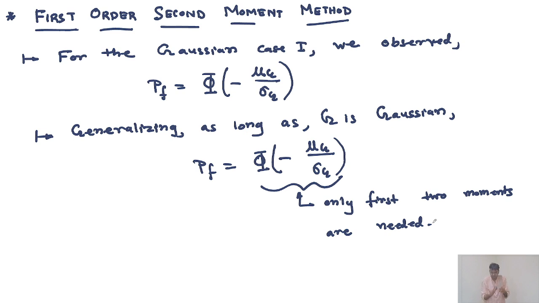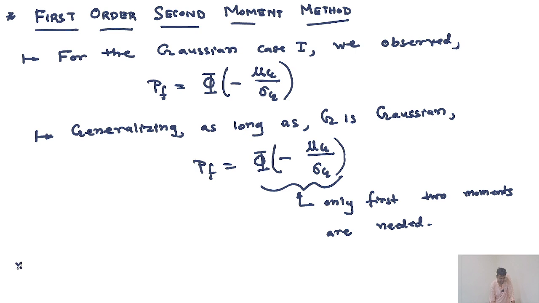So even for that simple problem, it was not Gaussian, right? So we cannot ensure that C and D will be Gaussian, and more importantly, in many cases, we will not represent this limit state function using C and D. We will directly use a generic expression, which will be not in terms of C and D, but in terms of X, right?